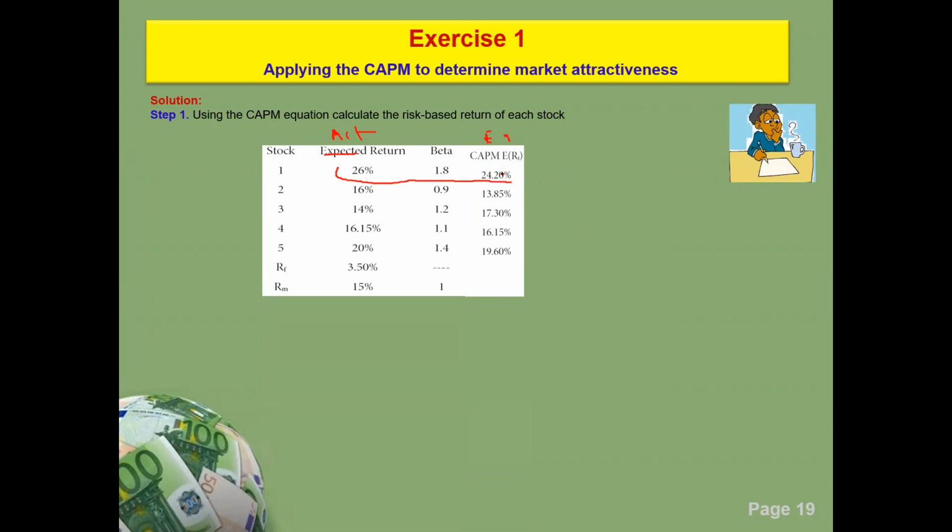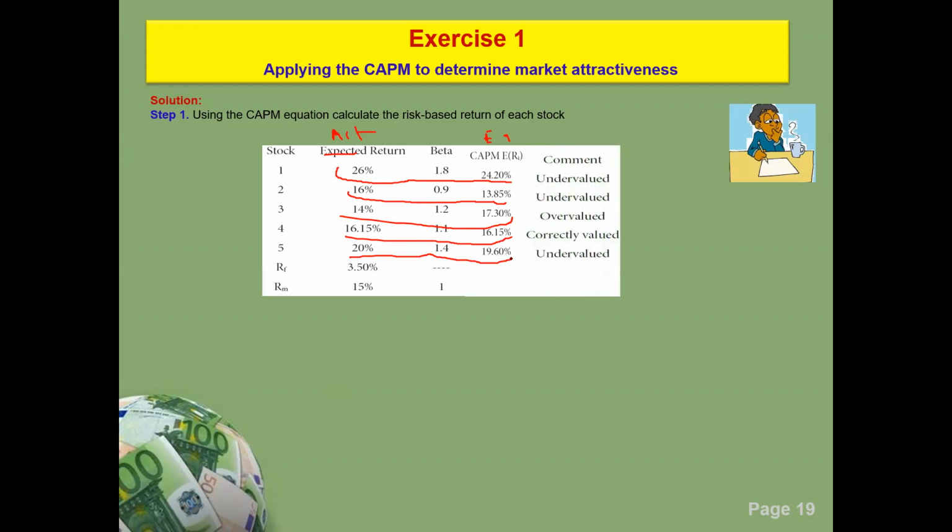It's under. Stock number 2, also under. Stock number 3, over. The 4th, equilibrium, equal. And the last one, under.